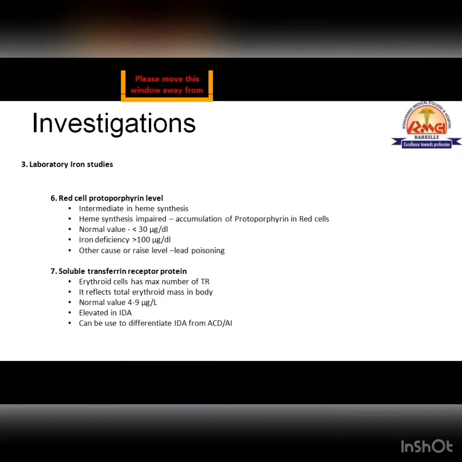The more transferrin receptors expressed, the more will be leaked into the plasma. That means the soluble transferrin receptor protein will go up. If there is a deficiency of iron, expression of TR will increase, so the soluble transferrin receptor inside the plasma will increase.